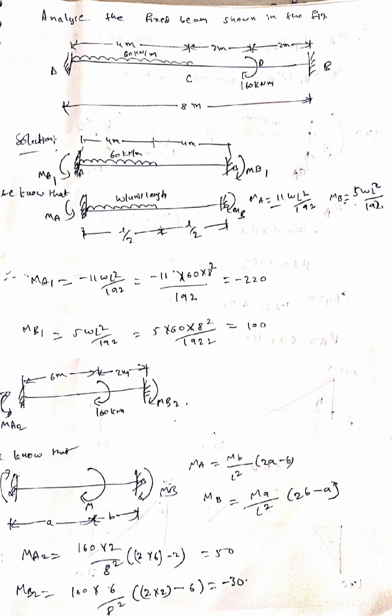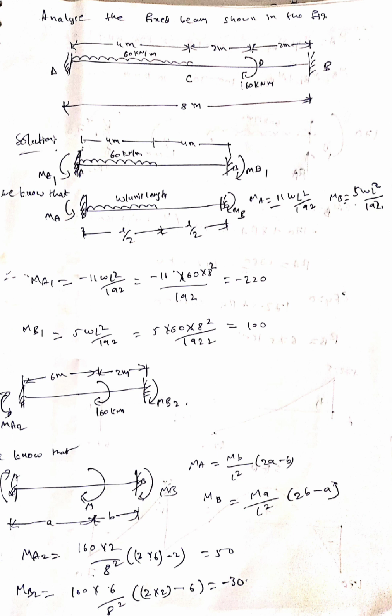So substituting here, we'll get MA1 equal to minus 11 WL square by 192, that is equal to minus 11 into 60 into 8 square by 192 equal to minus 220. MB1 equal to 5 WL square by 192, that is equal to 5 into 60 into 8 square by 192 is equal to 100.